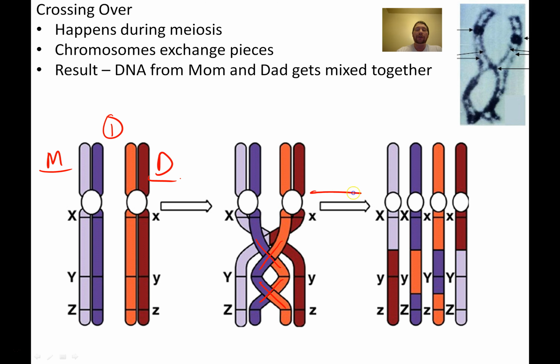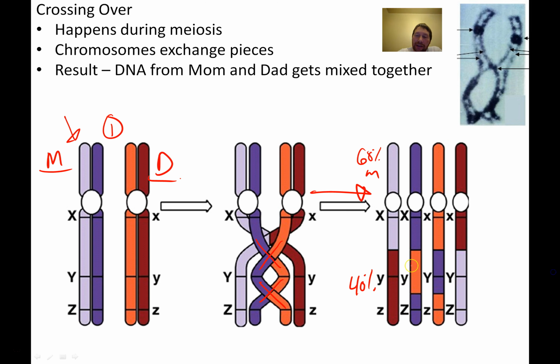And the result of this, when crossing over is done, this piece of the chromosome right here used to be nothing but DNA from mom. But after crossing over is done, about 60% of this piece of chromosome here came from mom, and 40% came from dad. We shuffled the DNA together.